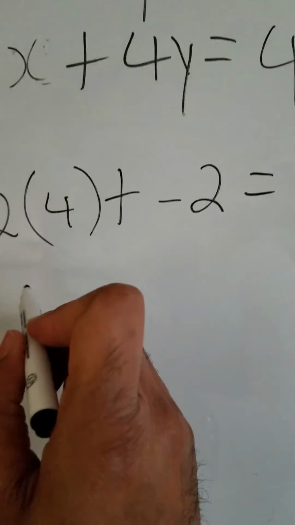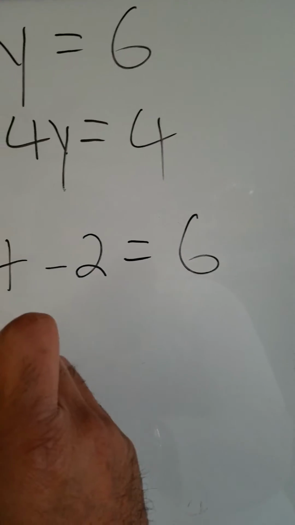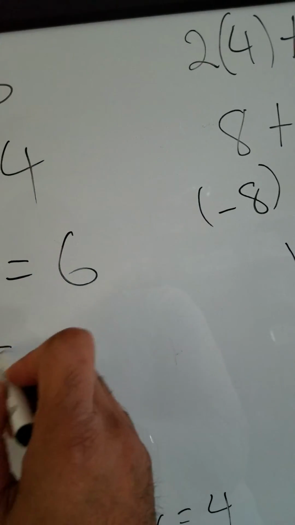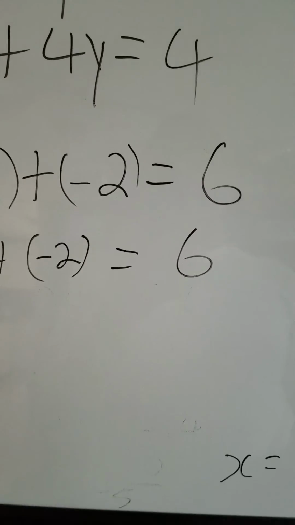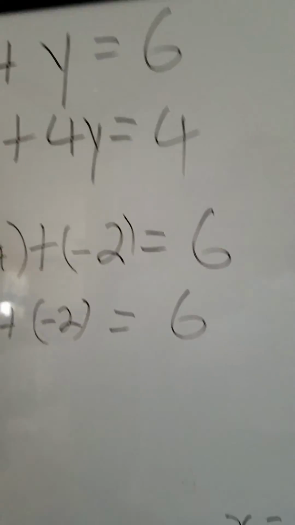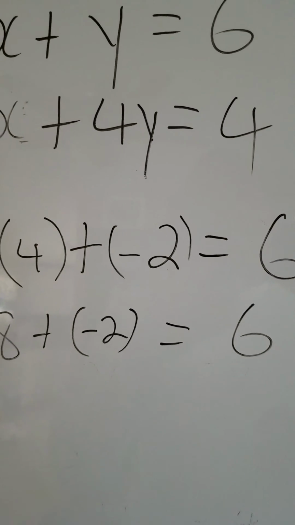Let's see, 2 times 4 is 8. 8 plus the negative 2, and I'll put it in parentheses, is in fact positive 6. And that concludes our video on how to solve a system of equations using the substitution method.